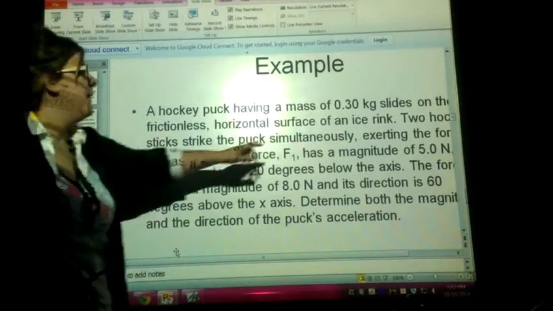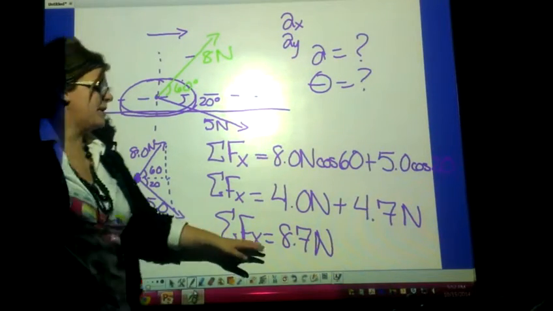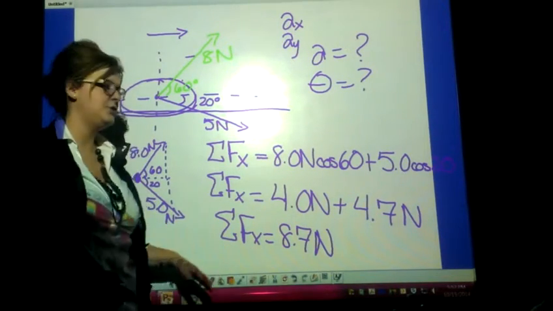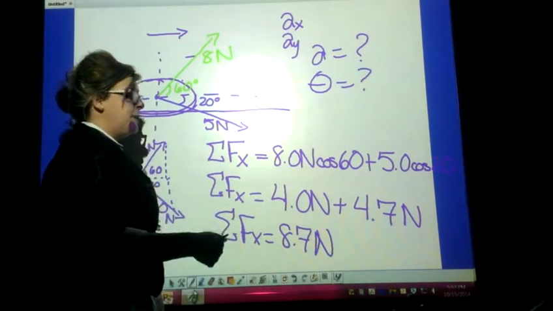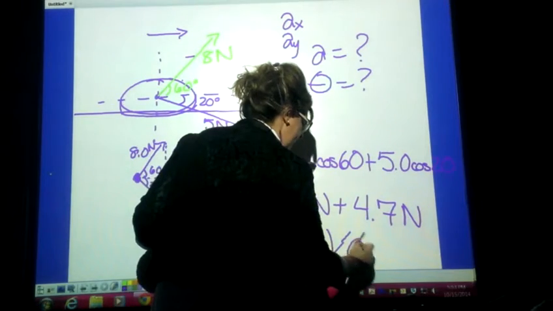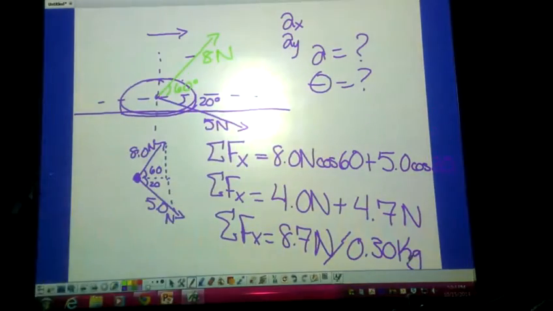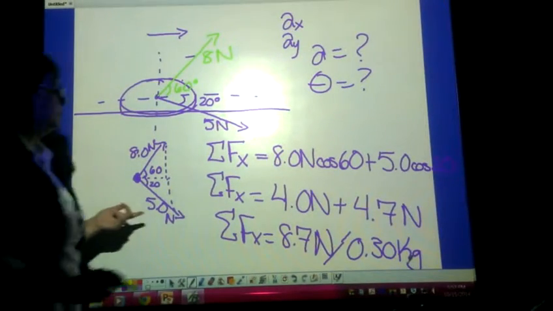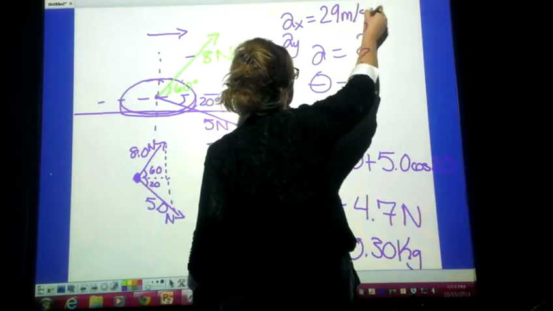I think they did. They told me it was 0.3 kilograms. So let me go ahead and find the acceleration in the x direction. If I divide the force by the mass, it would give me acceleration. So 8.7 newtons divided by 0.30 kilograms would give me, is that 29? So a sub x is 29 meters per second squared.